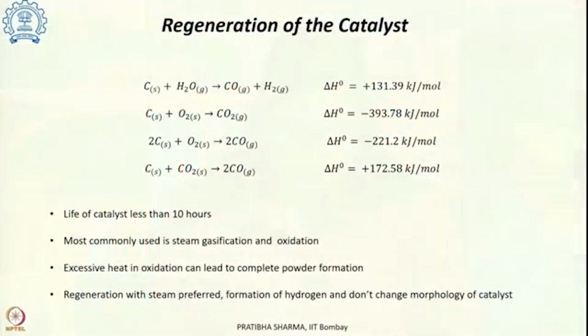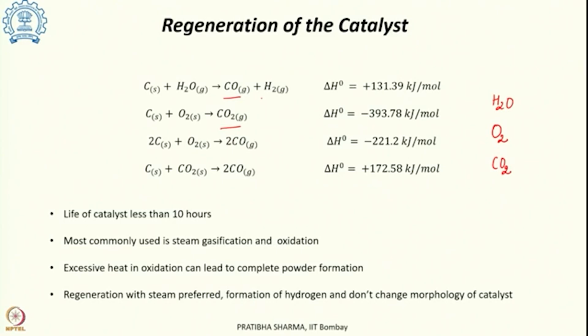Carbon in the presence of steam can undergo gasification, or it can undergo partial or complete oxidation, or in the presence of carbon dioxide, it can convert into CO. In this process the catalyst can get regenerated and the surface carbon converts into CO or CO2.